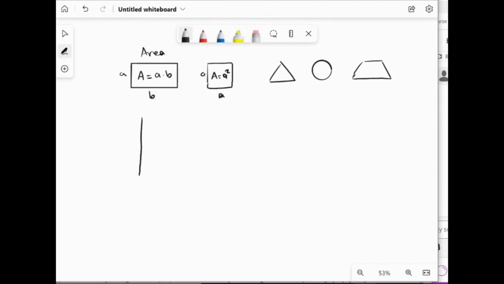However, if we have a graph like this, we may need to find the area under this graph. This shape doesn't even have a name. It is a shape like this. So how can we find the area under this curve?